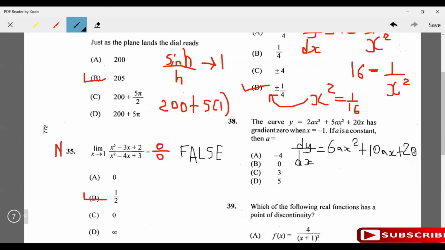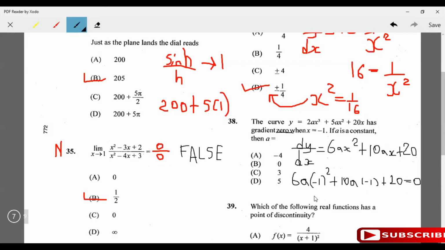All right, and look what this question says. It says the gradient is 0 when x is minus 1. So what they're telling us is that when we plug in x as minus 1, 6a times minus 1 squared plus 10a times minus 1 plus 20 is equal to 0. Gradient is 0.